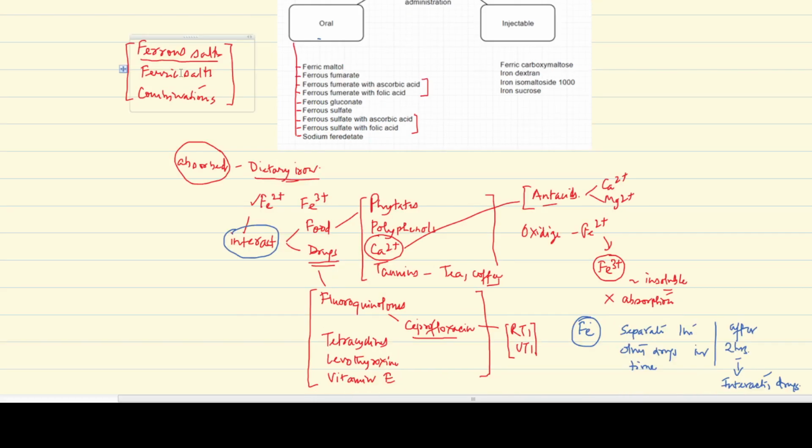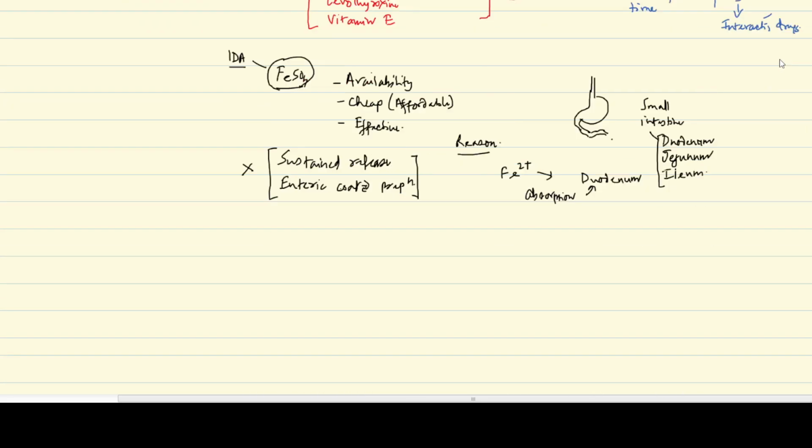All right. So we've seen combinations here in the list. This is a combination, and this is another combination. We've got the ferrous salt with ascorbic acid and with folic acid, and we've got another ferrous salt with ascorbic acid and folic acid. So why this combination?